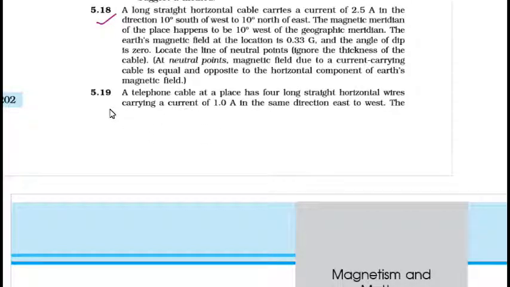Next question is 5.19. One telephone cable at a place has 4 long straight horizontal wires carrying a current of 1.0 ampere in the same direction east to west.